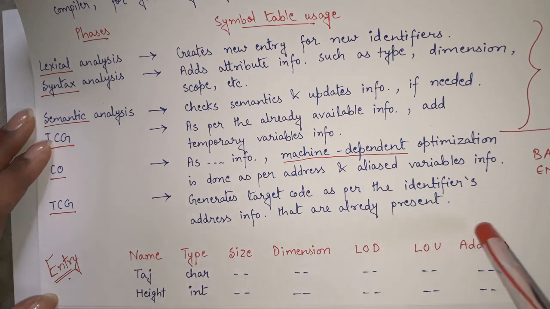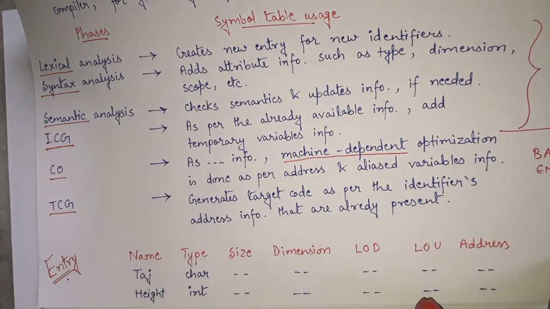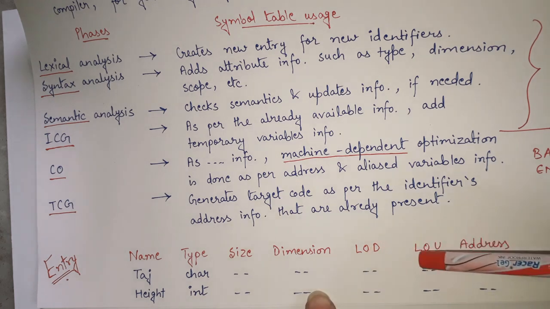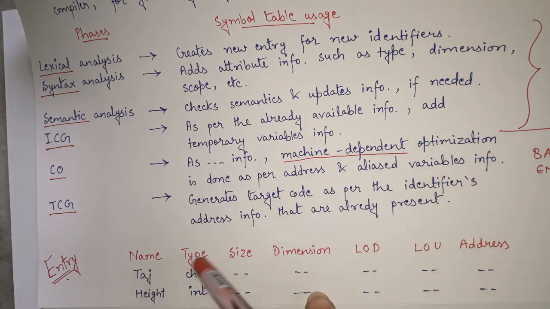These are the main attributes: name, type, size, dimension, line of declaration, line of usage and address. You should know that these are the 7 important attributes of the symbol table, right?